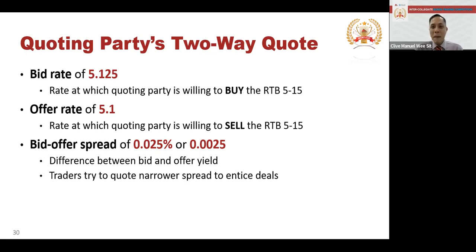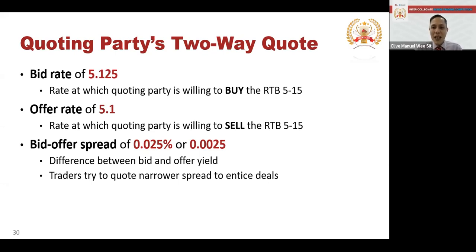So I am quoting a bid that is my willingness to buy. That is the quoting party's perspective. That is the GSED's perspective. That is the market maker's perspective. On the other hand, since I quoted a 5.1% offer, that is me expressing my willingness to sell at a rate of 5.1% on the RTB 5-15 for 50 million volume.